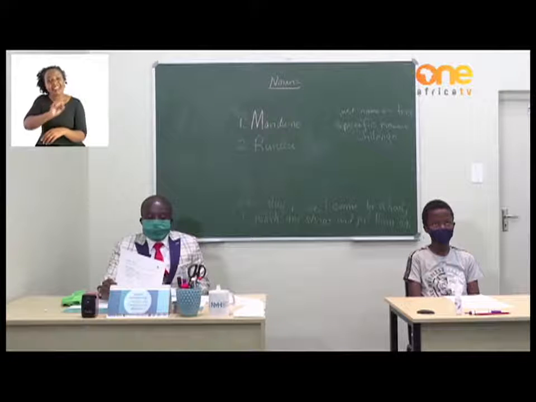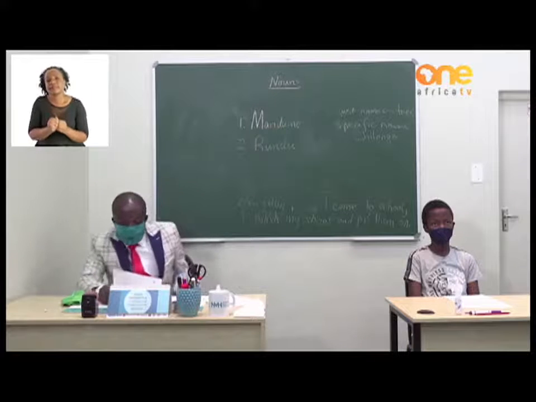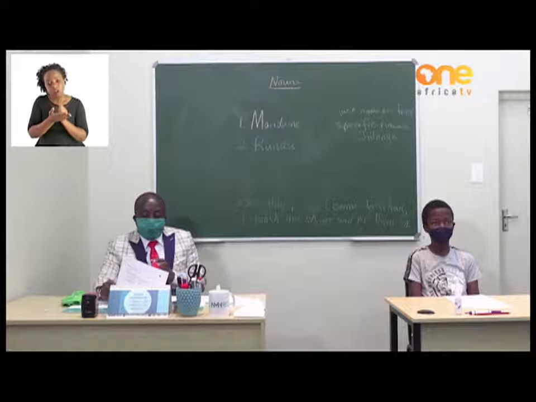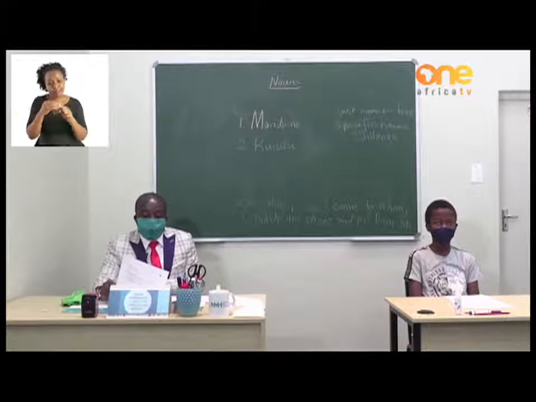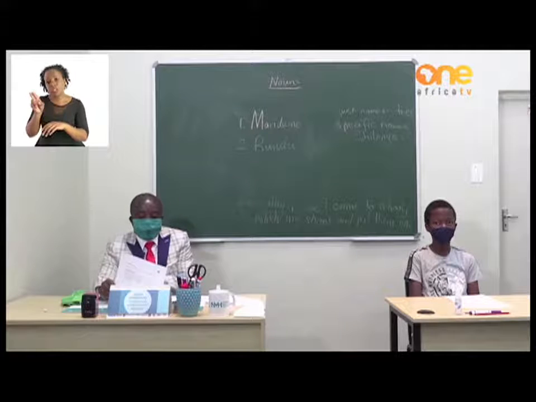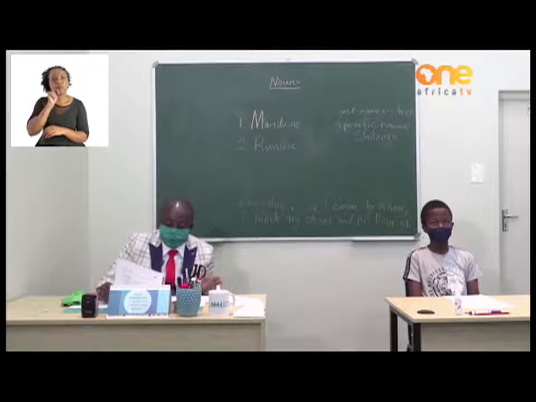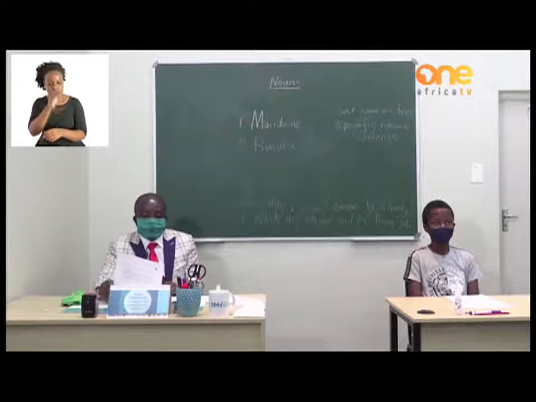We write it beginning with a capital letter. Right, so I am saying all those words which are specific names, like Swakopmund, we write them under proper nouns, and then the other words, the other names, we write them under common nouns.